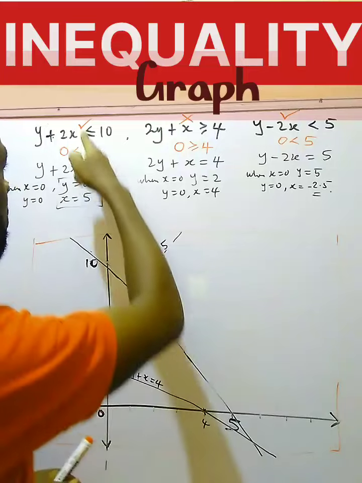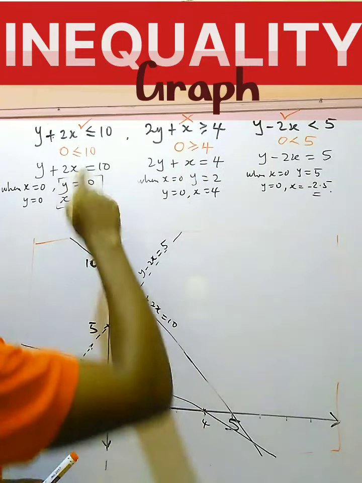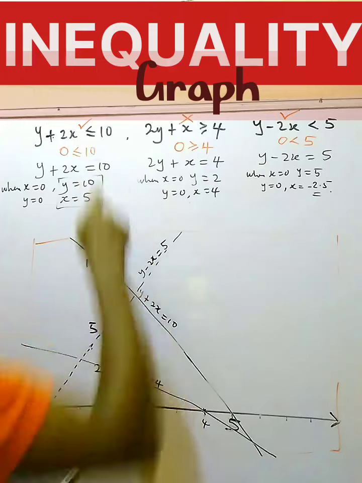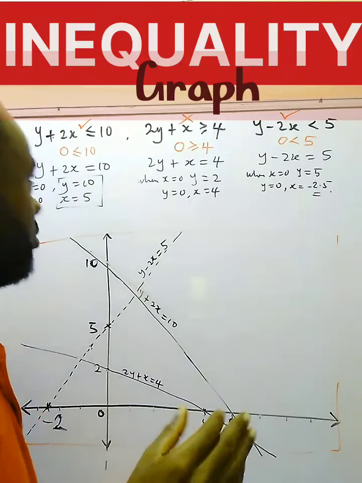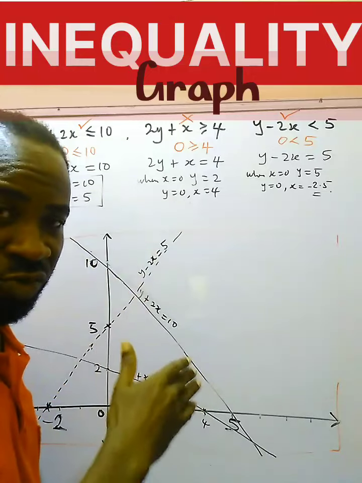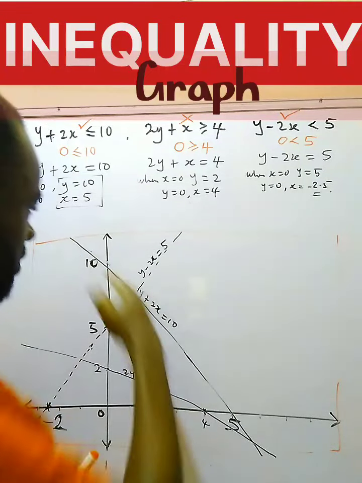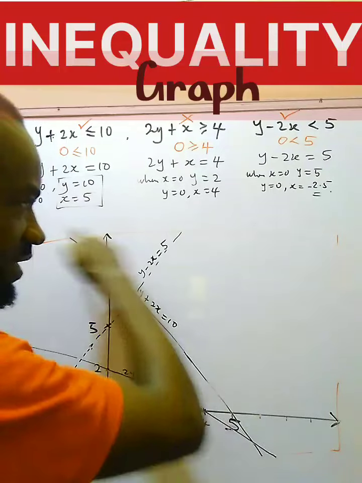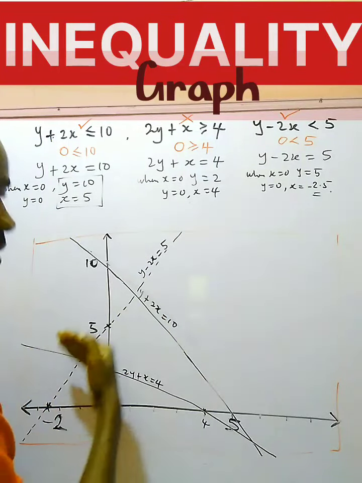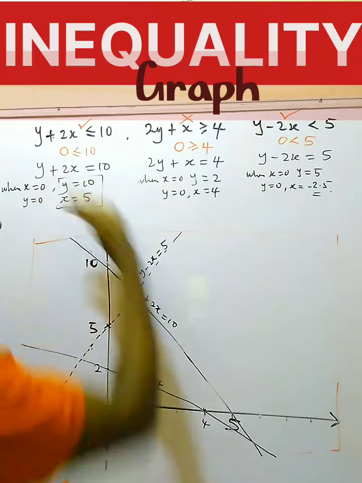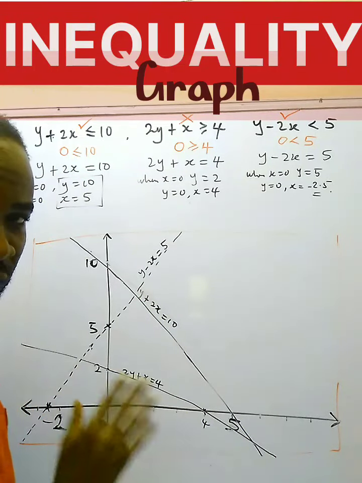Now let's come back to the validity I've marked here. This is a valid statement. Anytime the statement is valid, remember the boundary line always divides the entire graph into two parts. This boundary line has divided the graph into this region and this region. Anytime the statement is valid, the region that contains the origin will be left unshaded.